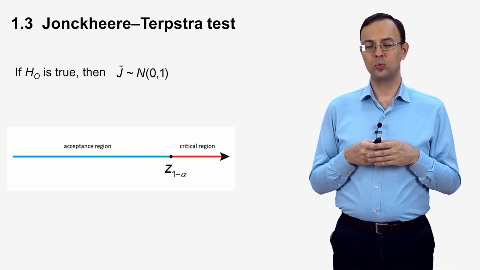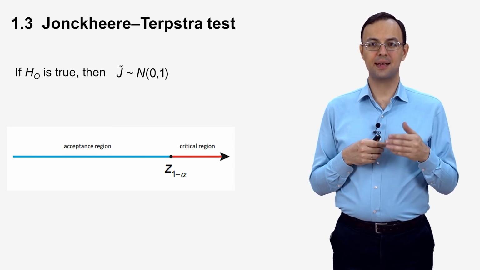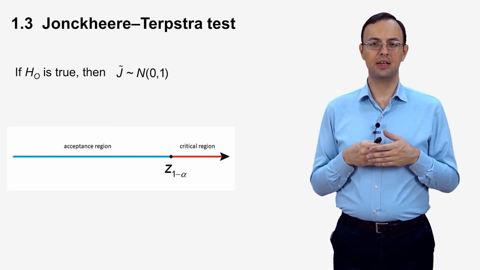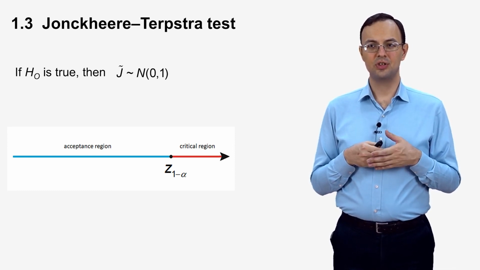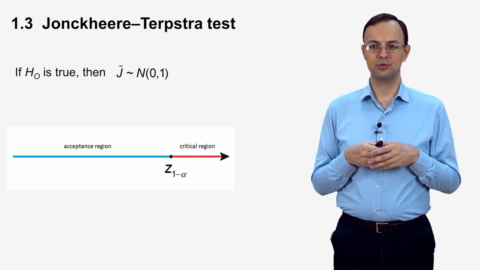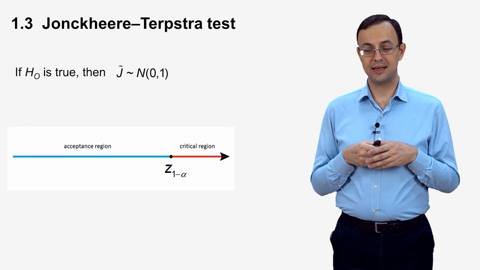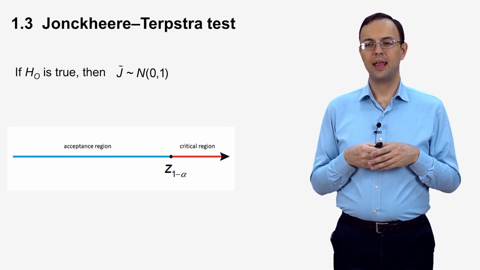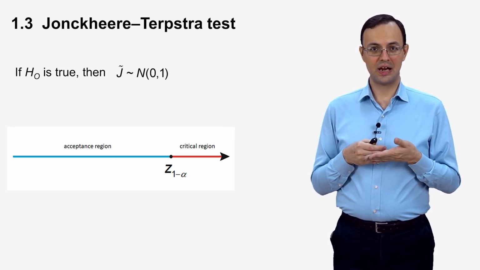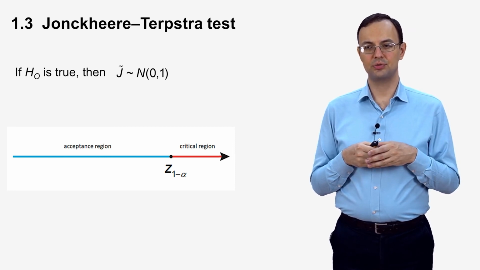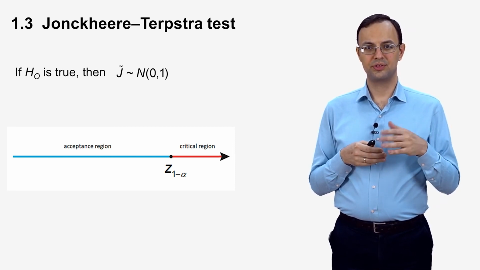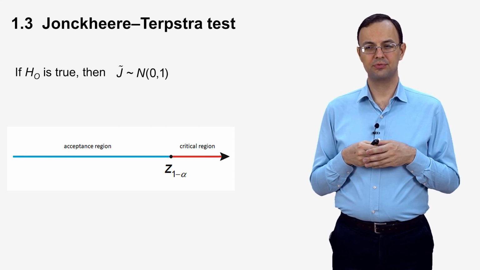So we can assume for big samples that if the null hypothesis is true, then J tilde follows the standard normal distribution. And here we also have a right-tailed critical region. We use quantiles of the standard normal distribution to separate the acceptance region from the critical region.